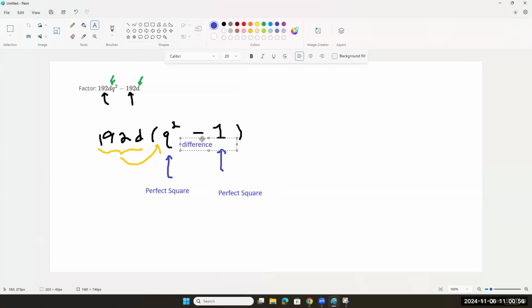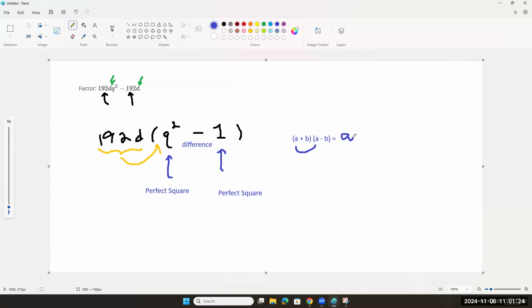So when we have a difference of squares, it's helpful for us to remember that we may have worked with these before, but when you have A plus B and A minus B, and you FOIL this out, it would be A times A gives me A squared. A times minus B is minus AB.